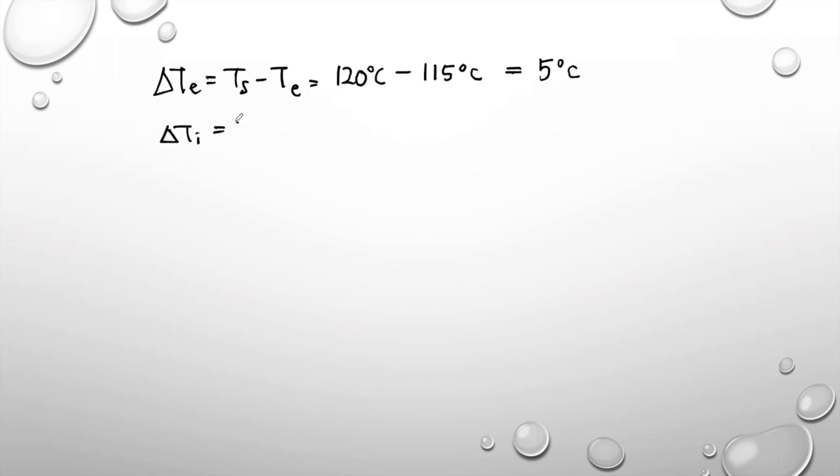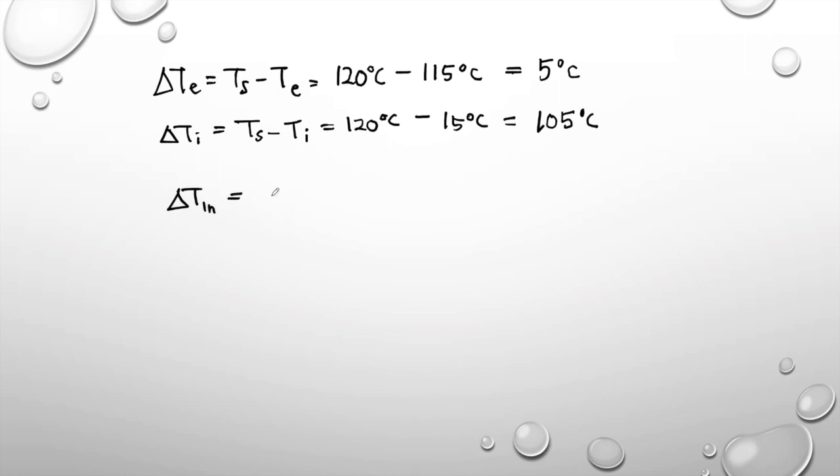Ts minus Ti is equal to 120 degrees Celsius minus 15 degrees Celsius. We will get 105 degrees Celsius.